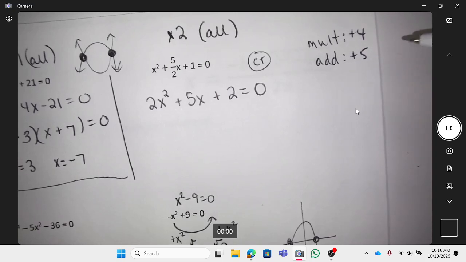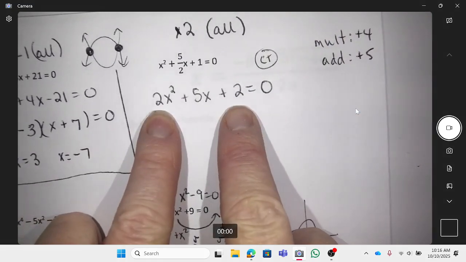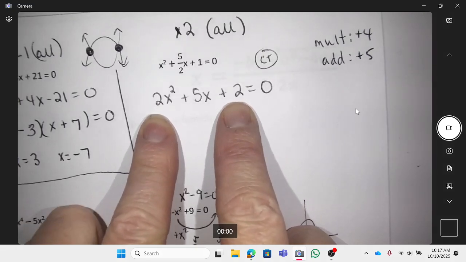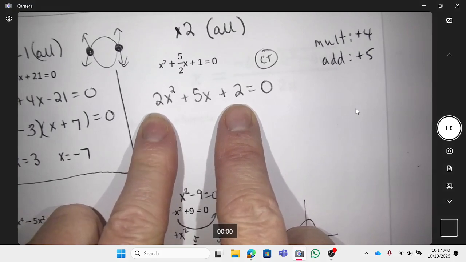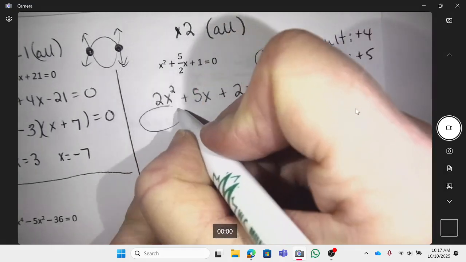My numbers that I'm working with are going to multiply to plus 4. Where did I get that from? The FLA. I call it my FLA number. It's not really a technical term, but that's just what I do. And add to that.